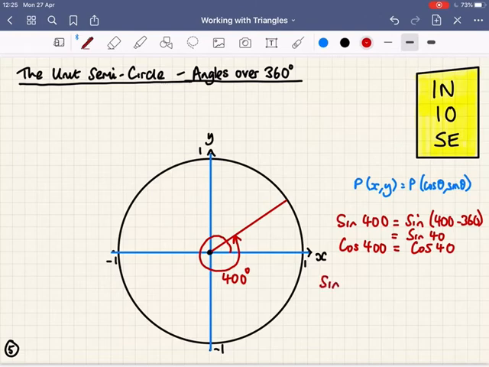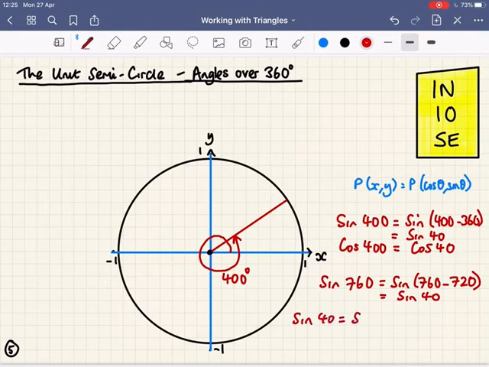Sine of 760 degrees would be the same as the sine of 760 minus 2 turns, which is 2 lots of 360, which is 720, sine 40. So you can see there's a family of angles here. Sine 40 is the same as sine of 360 plus 40, which is 400. Or sine of 40 is equal to sine of 2 turns, that's 720 plus 40, sine 760, and so on.